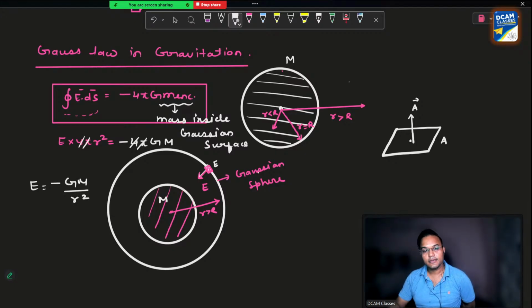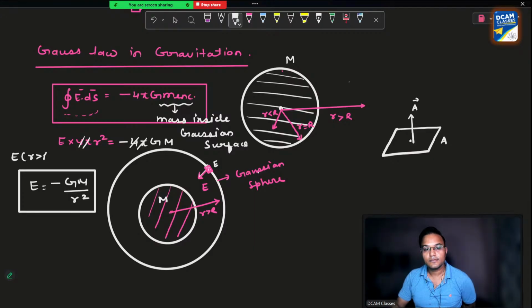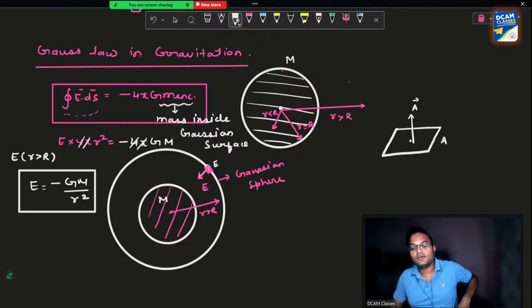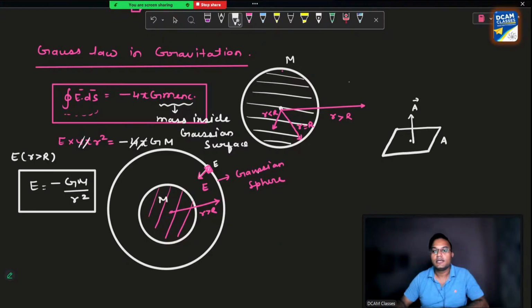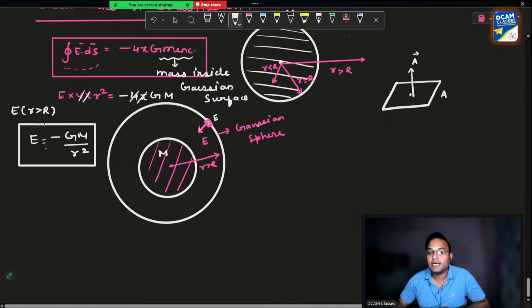Understood? So this is the original formula also, but I'll give you the complex one also. This is one case, when r is greater than R.